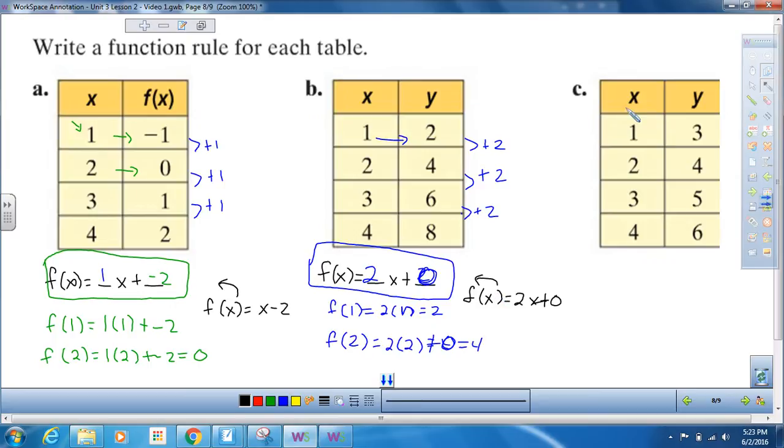Okay, let's look at this last one. Why don't you pause and see if you could figure this one out. Okay, so we're going up by 1.